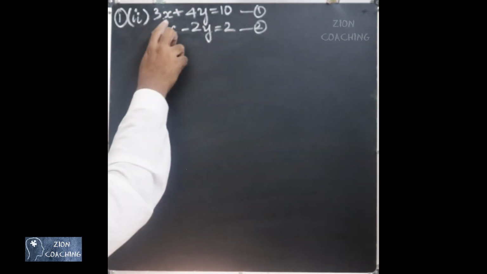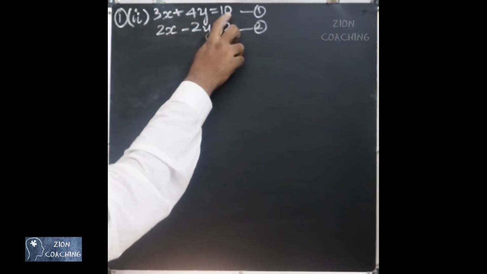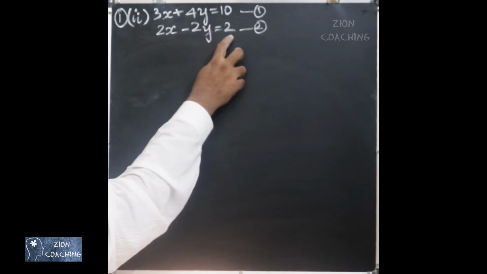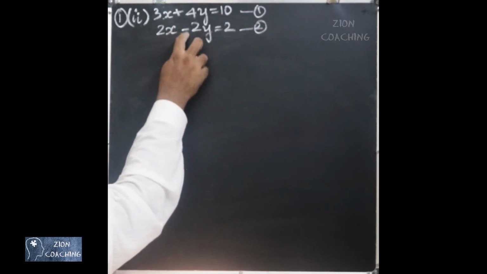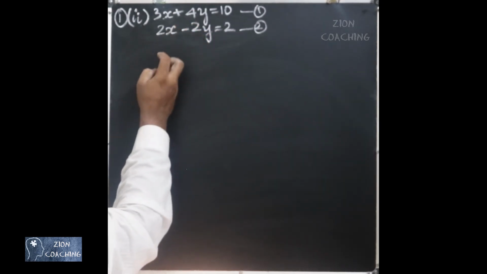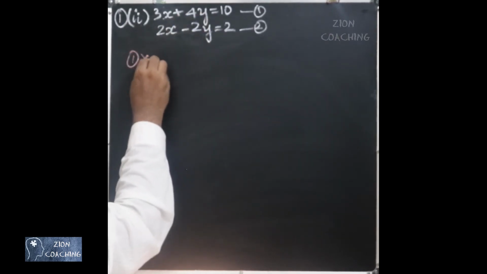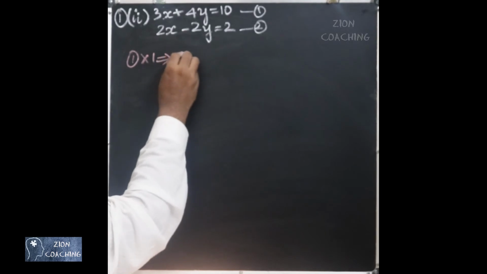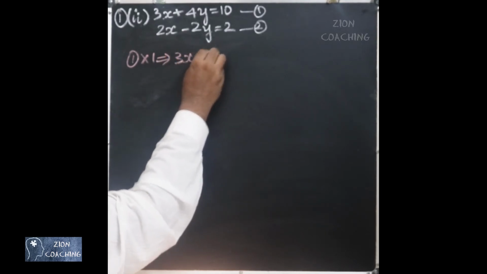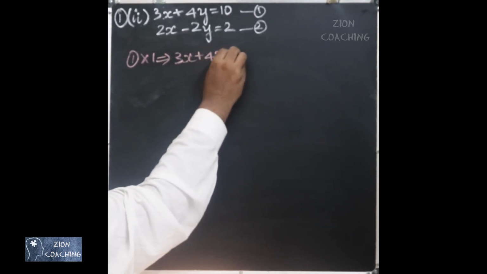We have two equations, 3x plus 4y equal to 10 and 2x minus 2y equal to 2. By looking at the symbols, we can see that it is easy to eliminate y. First equation into 1 gives you 3x plus 4y equal to 10.